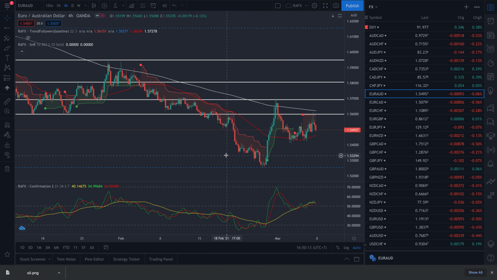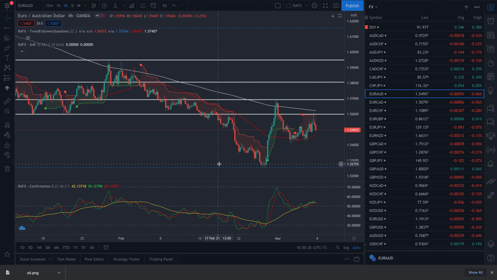So in here we have resistance level. Because the price is under these lines, these are resistance levels, and this blue broken line and this blue line here are the pivot points for support and resistance.